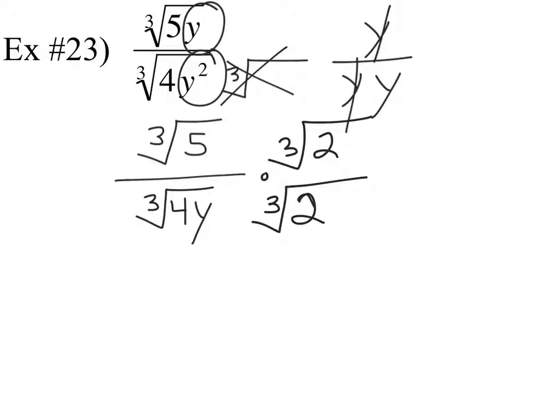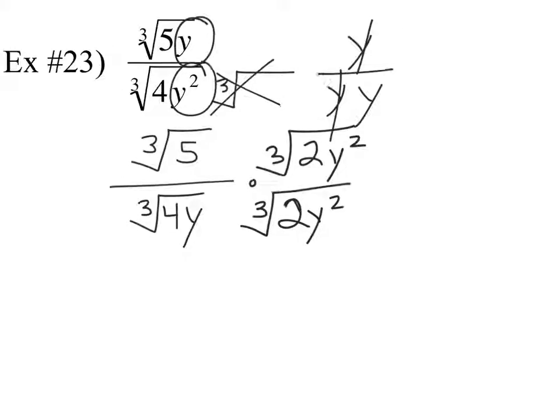2 times 4 gives me what? 8. Isn't 8 a perfect cube? And then I need y squared. Okay? You don't have to do it this way. If you want to just think of it as just squaring that every single time, you can. It's just then you'll have to rationalize at the end, or reduce it out. All right, so here we go.